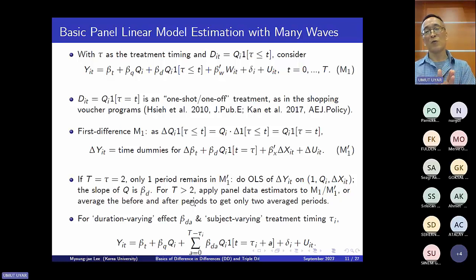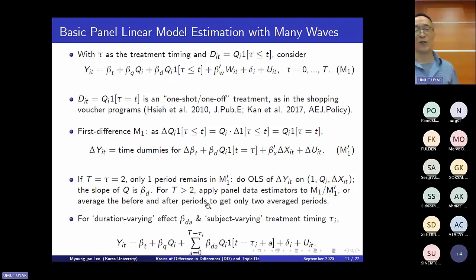Then you also average all the post-treatment periods to get a single post-treatment average equation. So you end up with two equations, and you take the difference of those two equations, then you get only a single equation to which you can apply OLS.